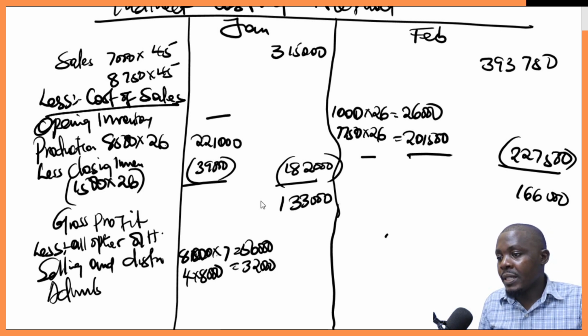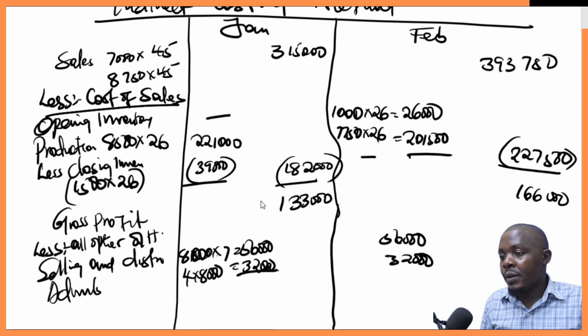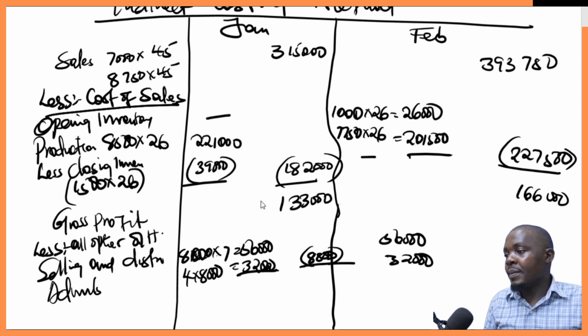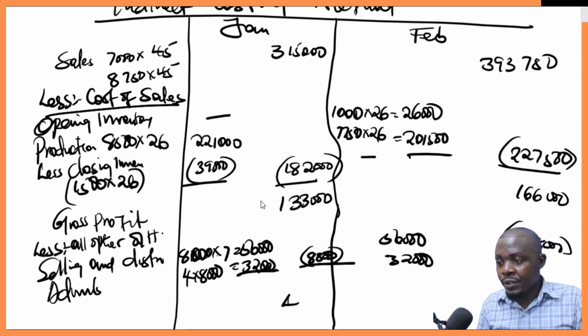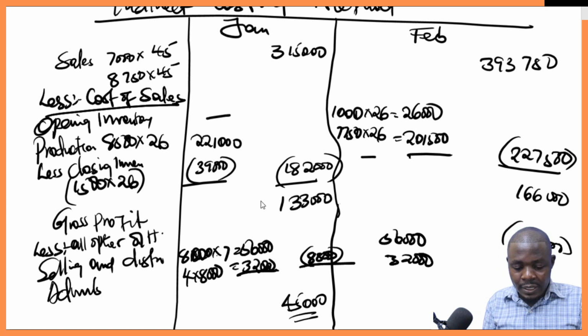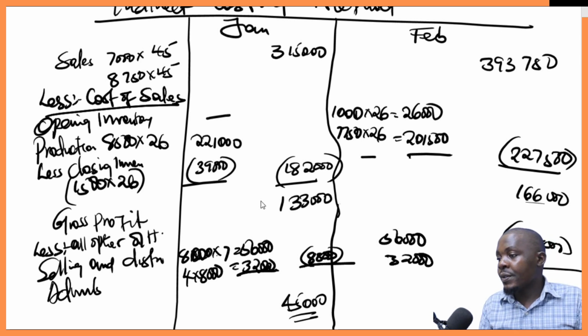The same applies to this side, 56,032. When you add, you are getting 88,000. Then the same applies here, 88,000. You can take 133 minus 88. You have the profit in this case is 45,000. Then profit the other side, 166 minus 88. You have the profit for the month of February. It was 78,000.